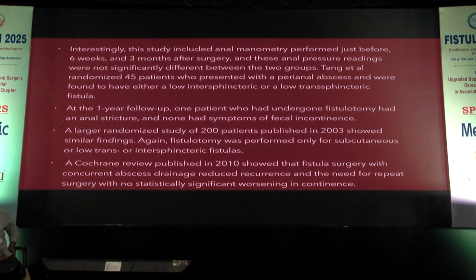Interestingly, the study included anal manometry performed just before, and 6 weeks and 3 months after surgery, and it was not significantly different between the two groups. At 1 year follow-up, one patient who had undergone fistulotomy had an anal stricture. A large randomized study of 200 patients published in 2003 showed similar findings.